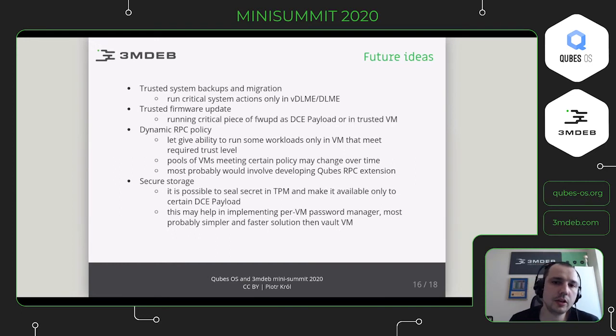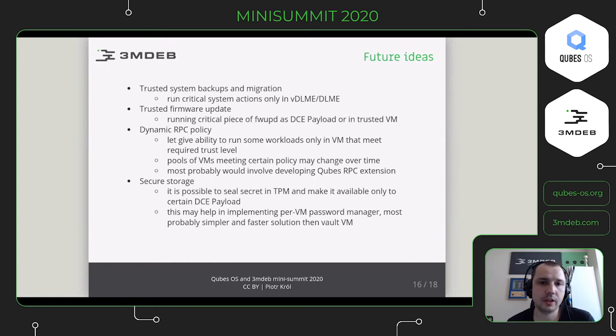For example, we may use VDLME or DLME for backups or migration of the system. Let's say I have a new laptop and I want to migrate my Qubes OS to it, or I want to back up my Qubes OS. Of course, I want to do that in a very trusted, measured and attested way.